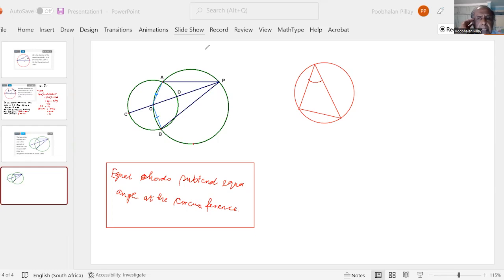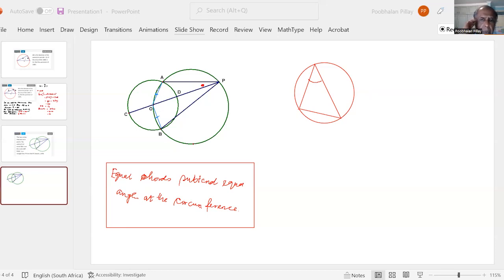Then it means that we are moving from one end of the chord and we go all the way to a point in the circumference, and then you come back to the end of that chord, you get this angle here formed.